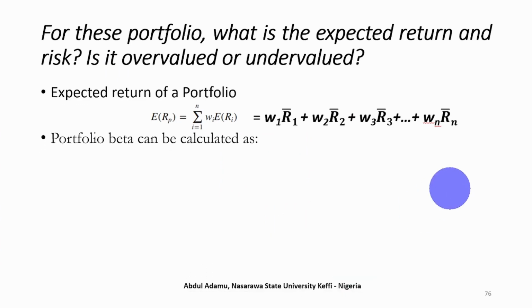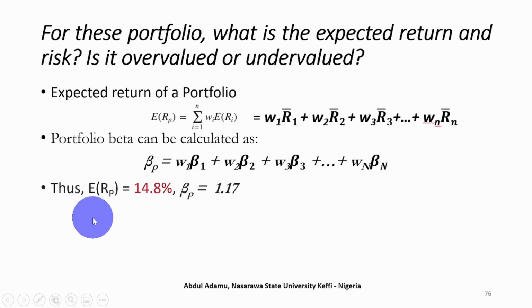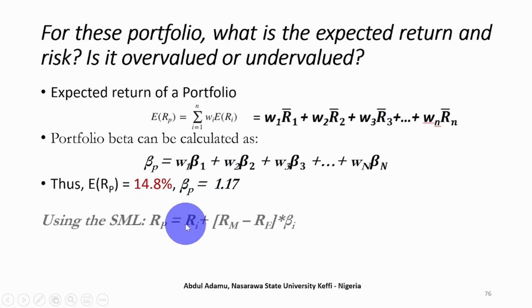I have explained them here in our slides. So we use this formula to calculate the return of the portfolio. We use this to calculate the beta, which we have done in our previous lecture. Then the expected return is 14.8% if we do this and add them, and the beta is this, which we have done in the Excel.